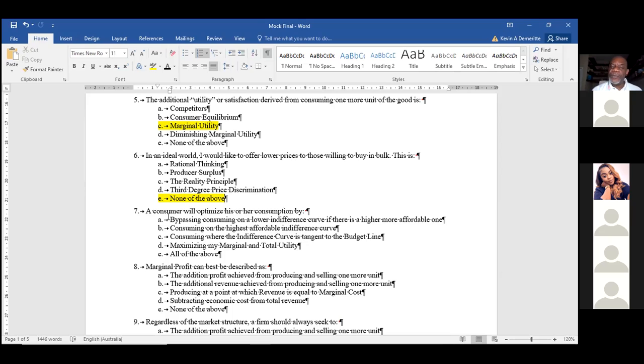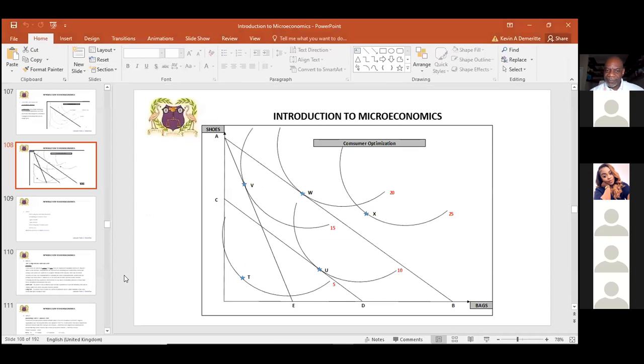Do we consume where the indifference curve is tangent to the budget line? Here's our notes. Look at U, look at V, look at W. In each of those cases, we see that the indifference curve is tangent to the budget line.